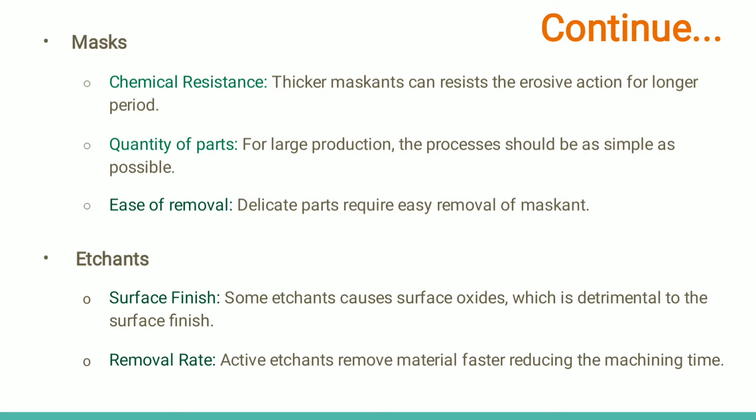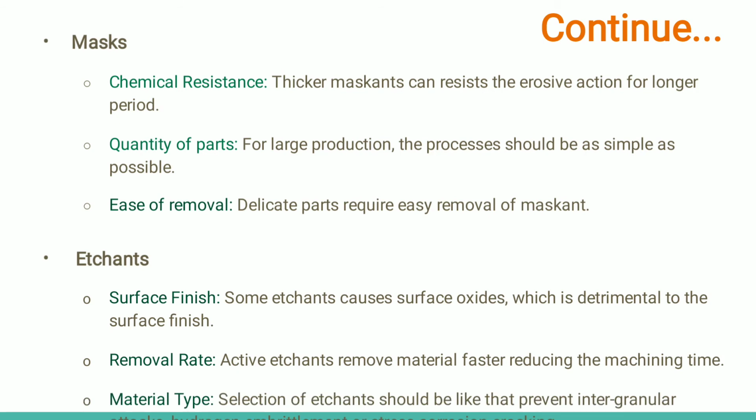So that removes the material from the workpiece surface much faster, which can reduce our machining time. So if we need it, then we can use it. Okay, next is material type. As I told you in the last slide, we are using harder materials, so we have to reduce the residual stresses.